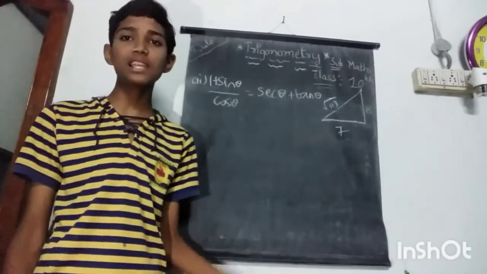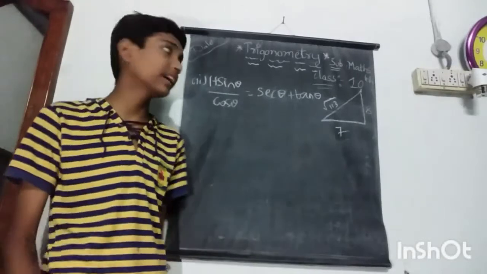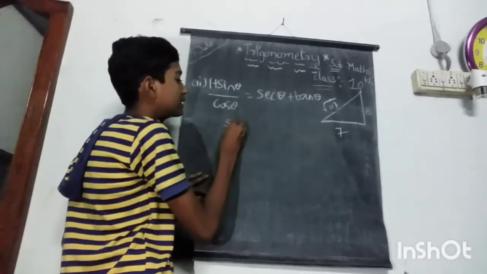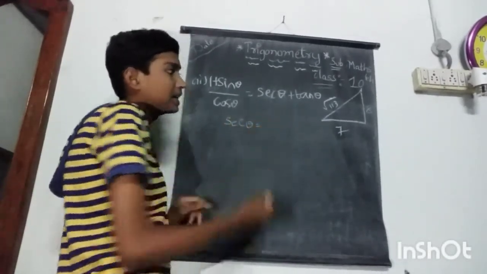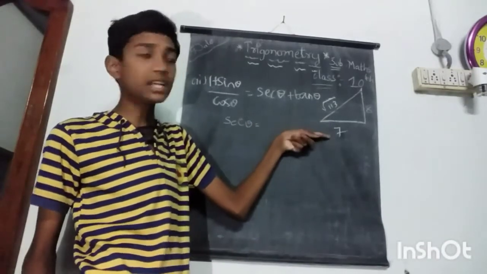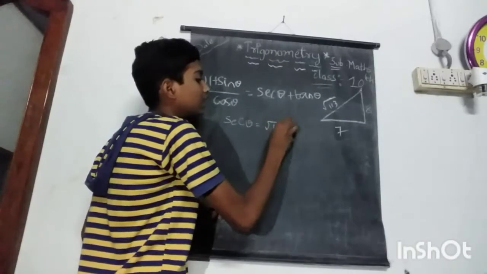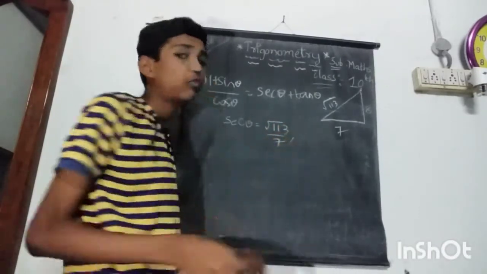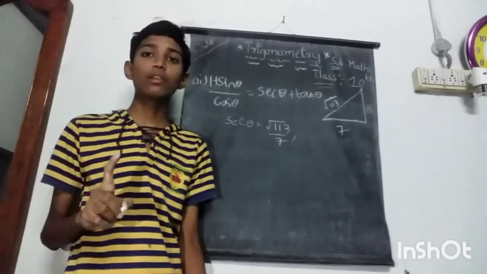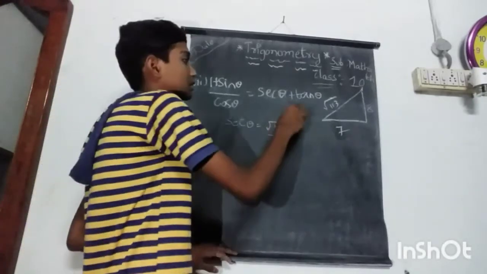Let us find by this right angle triangle secant theta. That implies hypotenuse by adjacent, root over 113 by 7. Remember the formulas. Most important. By this only you can do the sums.